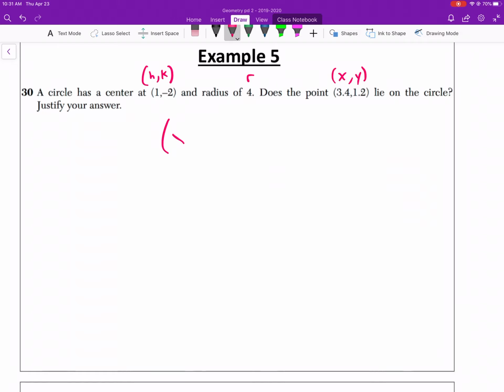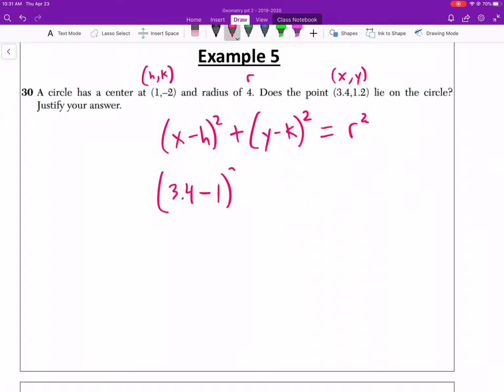So remember your equation. X minus h squared plus y minus k squared is equal to r squared. So we're essentially going to substitute every single thing that we know. Our x value is 3.4. Our h value, so minus 1 squared, plus the y value, 1.2, minus a negative 2, so minus a negative is actually positive.